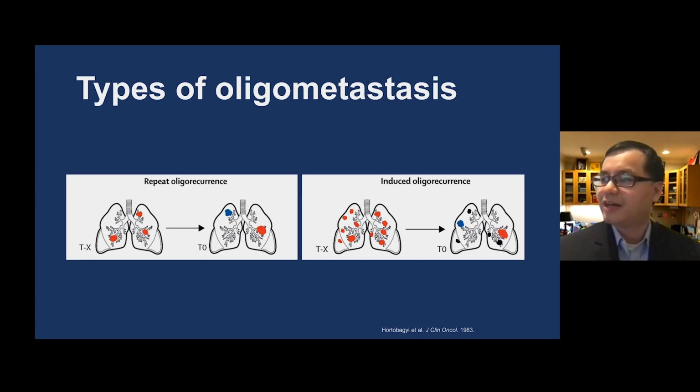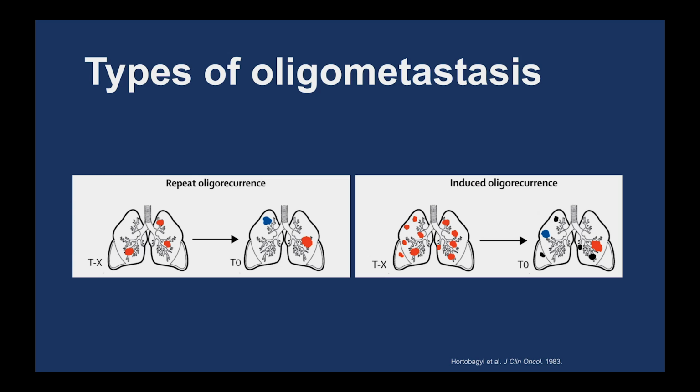There's also two elements as far as oligorecurrence. One is repeat oligorecurrence, where there's initially some cancer that is treated and then new areas come up later on. But there's also an induced oligorecurrence, where initially there's potentially even more widely metastatic cancer at the very beginning.